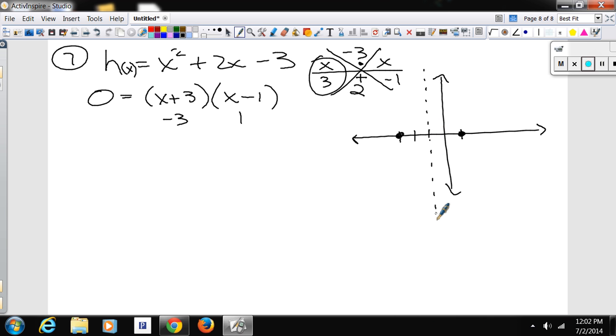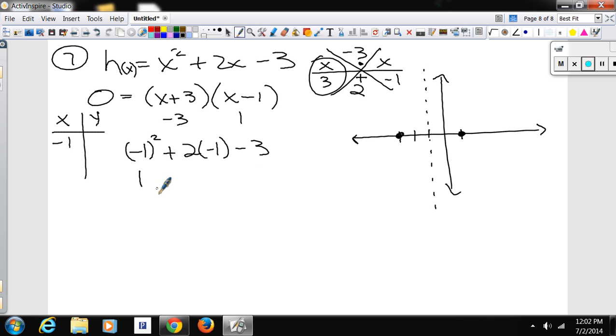So I'm going to plug in a negative 1. Okay, so let's go over here, plug in a negative 1 and see what that point is. So negative 1 squared plus 2 times negative 1 minus 3.